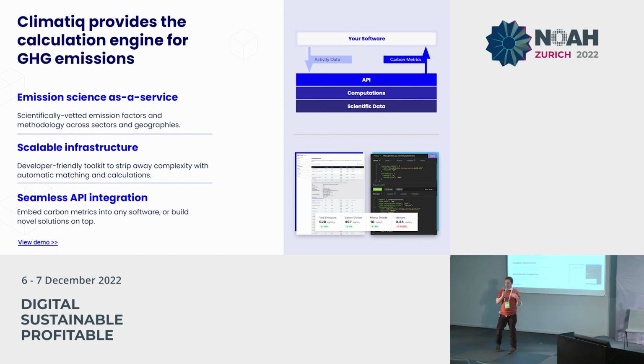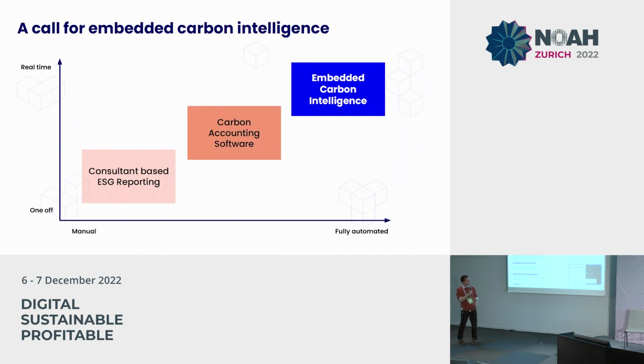We do a lot of abstraction work to take real-life data, consumption data, and automatically map it against these emission factors to then automatically calculate the carbon emissions as they happen in real time. We make that stack available to anyone who wants to use it. So a number of different solutions. I'll show you a few in a minute. And it's really an emission science as a service solution built on a scalable infrastructure.